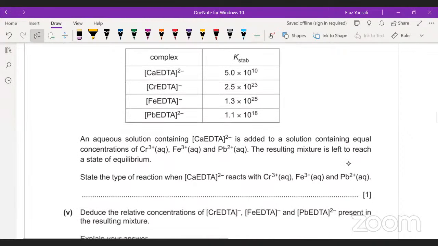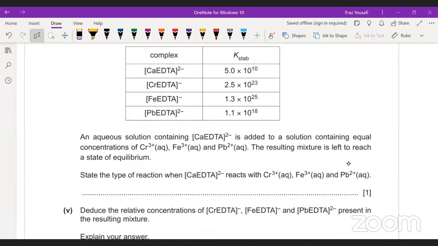Now, an aqueous solution containing this is added to a solution containing equal concentrations of Cr3 plus, Fe3 plus, and Pb2 plus. The resulting mixture is left to reach a state of equilibrium. State the type of reaction where, again, you would undergo this change. Basically, what would happen is that you would end up exchanging ligands.